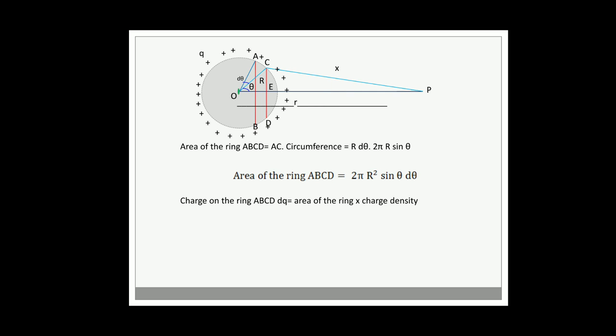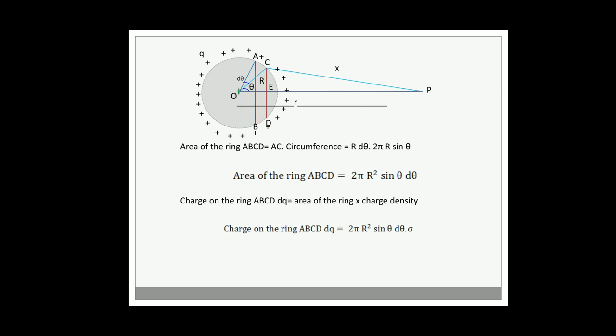Now, how much charge is on this ring ABCD? If sigma is the surface charge density, the charge on the ring ABCD is equal to the surface area into the surface charge density. We know the surface area is 2 pi R square sine theta d theta, and sigma is the surface charge density.